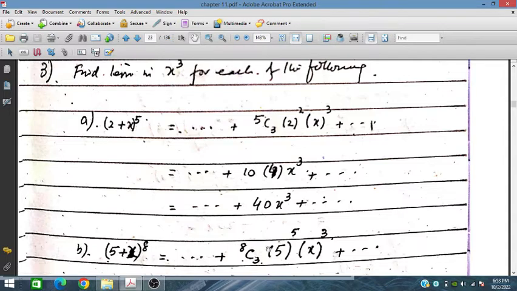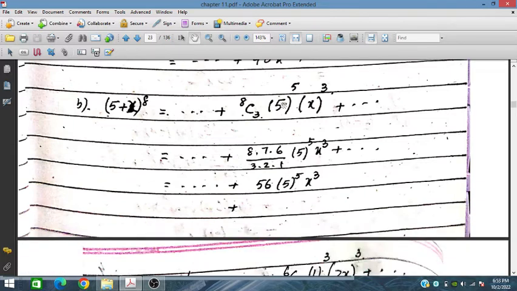For this one we have r is 3, because this is x power 1 inside with whole power, so we can write it like this. By solution we have 8, 7, 6 over 3 factorial. In nCr we write n minus r factorial and r factorial.